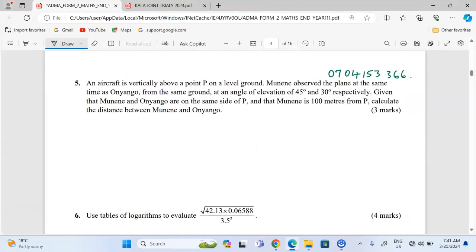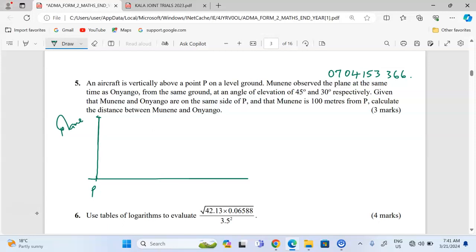Let me begin by sketching this information, whereby I will identify a level ground, assuming this is the level ground now. Then we are talking of a point P here, such that a plane is somewhere directly above this point P. So let's say a plane is somewhere here, so the plane is flying, or an aircraft.